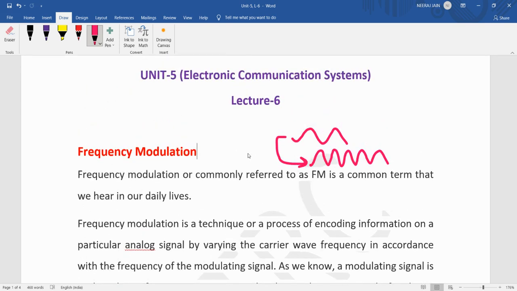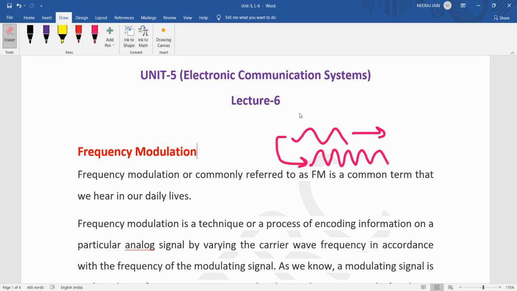But in the case of frequency modulation, the frequency of the carrier signal is varied according to the amplitude of the modulating original signal. So we can say that frequency modulation is commonly referred to as FM.